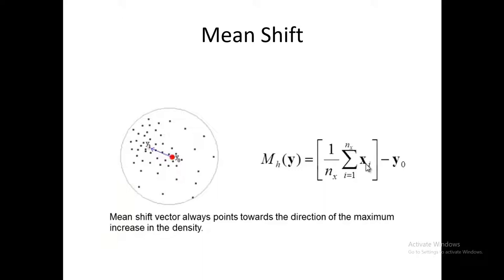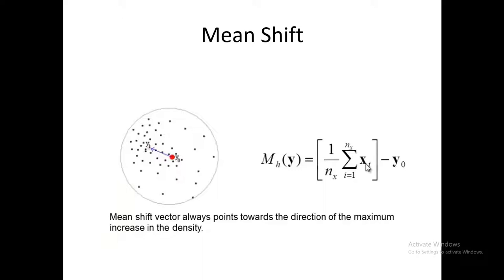We have n points, and we sum them up; these are vectors, in this case 2D, but they can be of any dimension. We sum them up, divide by nx, the number of points, and subtract it from the initial estimate y0, and the mean shift will essentially point towards the direction of maximum increase in density, which is the dense set of points.